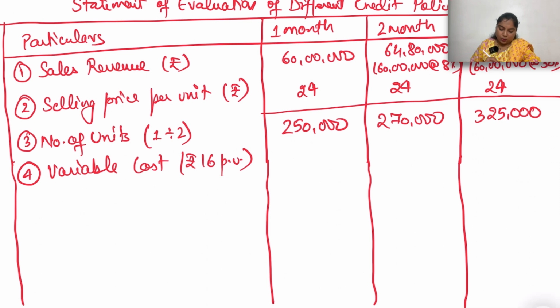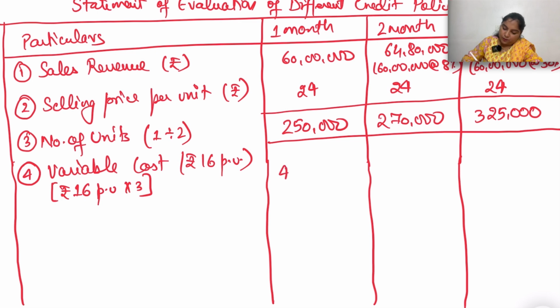So variable cost, how can you compute it? Rupees 16 per unit into the number of units. Don't go with me, go with your own judgment. We can compute the total variable cost. 2,50,000 into 16 is 40 lakh.